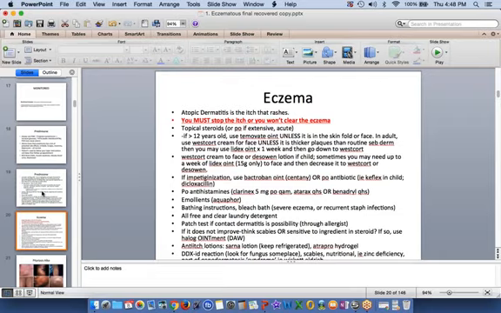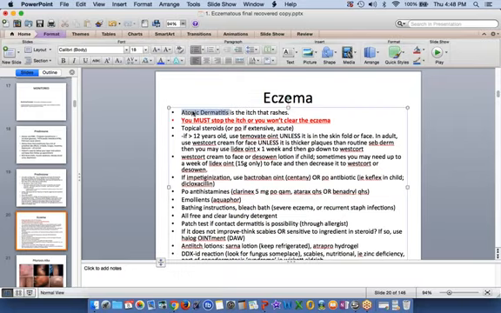this slide talks about a form of eczema that is known as atopic dermatitis, okay? Now, you know, the more you scratch, the worse things get. Not only are you going to deal with eczema, you're going to deal with lichen simplex chronicus.